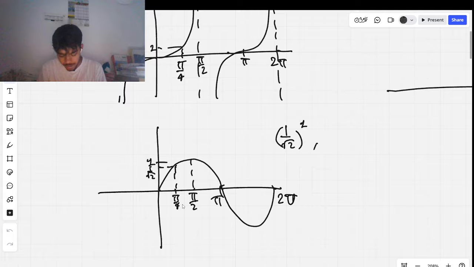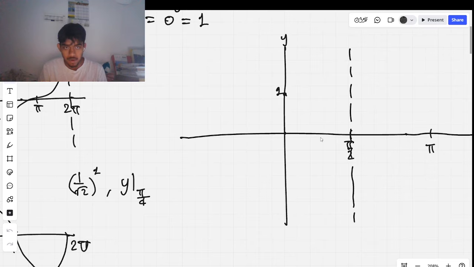If you think of y as a function, at x equals pi by 4, y is just 1 over root 2, which is less than 1. So we know that at pi by 4, which is halfway here, there's going to be a point that is less than 1. Now, this is very important.